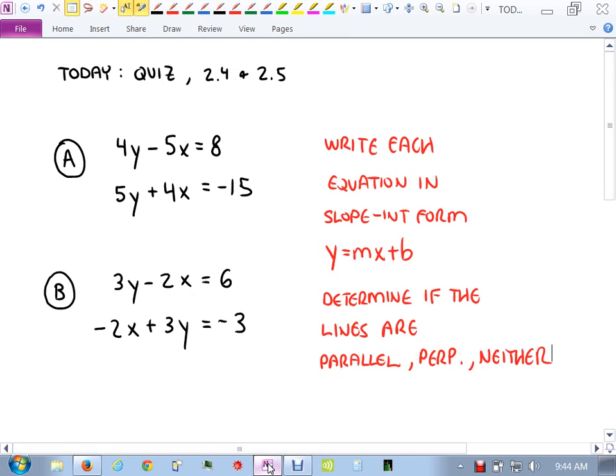Okay, so today we're going to get into 2.4 and 2.5, all right? I'm going to kind of blend the two sections together because I do it in my own order. So I might be doing a little bit of 2.5 while I'm doing 2.4.